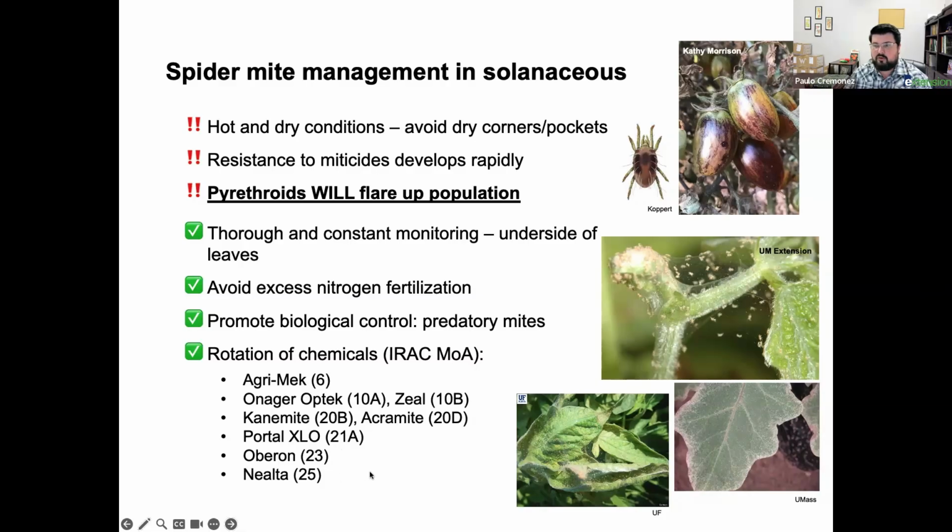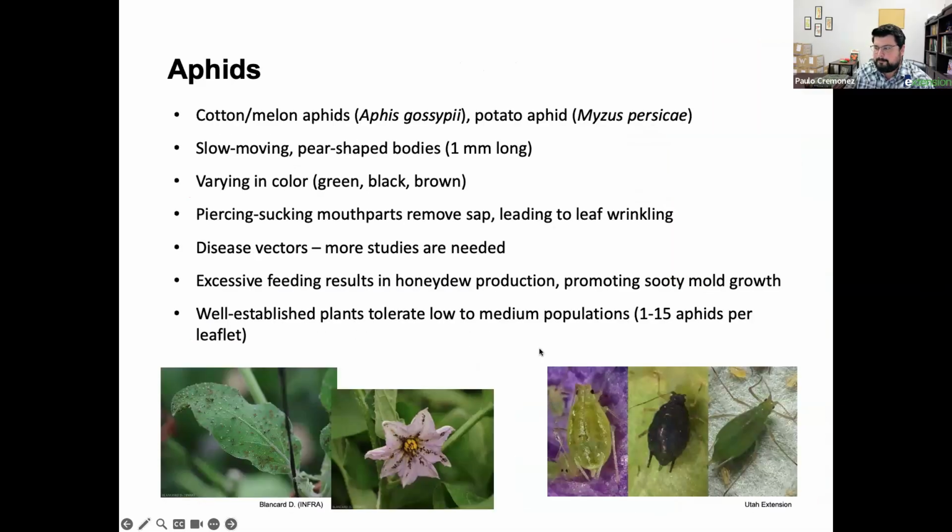You can also have Oberon and Eolfa as insecticide options, or Oberon for insecticide option. Aphid control. So cotton melon aphids or potato aphids are one of the most important pests for that. Aphids have a very characteristic pear body shape.